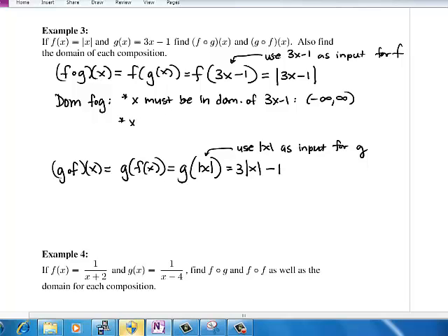And also x must be in the domain of the absolute value of 3x minus 1, which is that formula we came up with at the end. And there are no restrictions there, so negative infinity to infinity. So the domain for this composition would be all real numbers, since there's not a restriction at any point along the way.